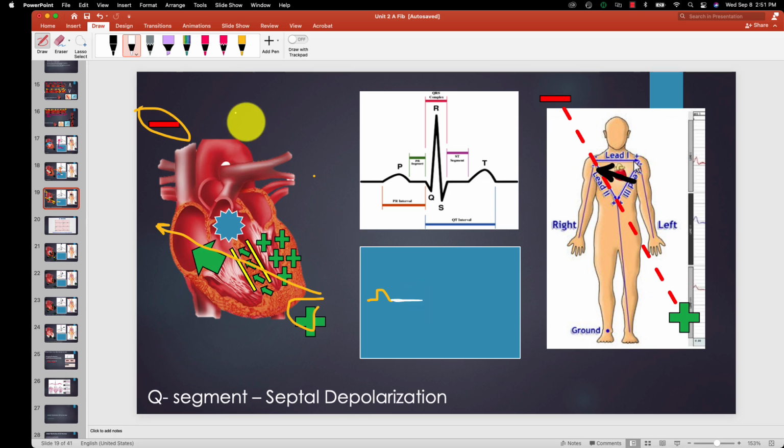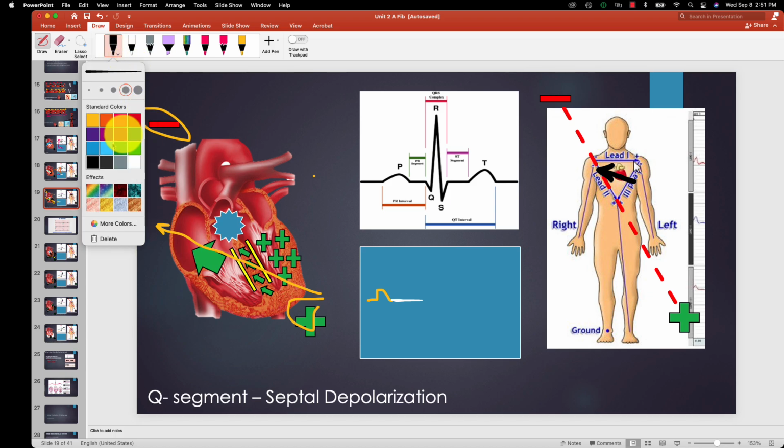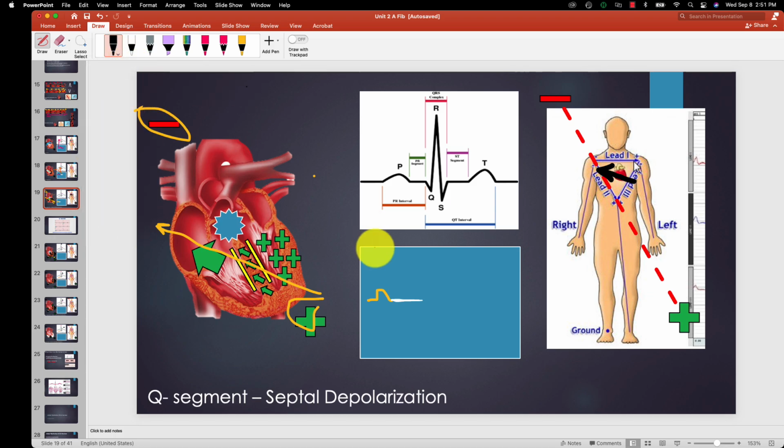And then the AV node says, hey man, I am going to now send this message to the bundle of His, and it's going to favor the left descending branch, and then the left descending branch has to send those positive charges to the right descending branch because this guy's lazy, he doesn't do anything. And if we have positive charges going towards the negative electrode, we get our Q wave.